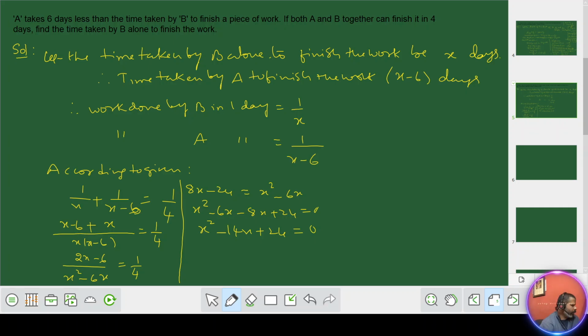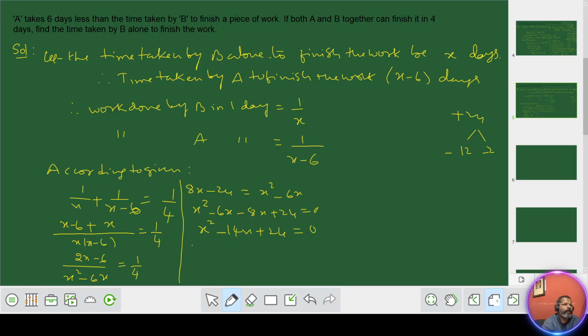This is the equation. Now we find the factors of plus 24. 12 times 2 is 24. 12 and 2 addition we get 14. The product of minus 12 and minus 2 will give plus 24.